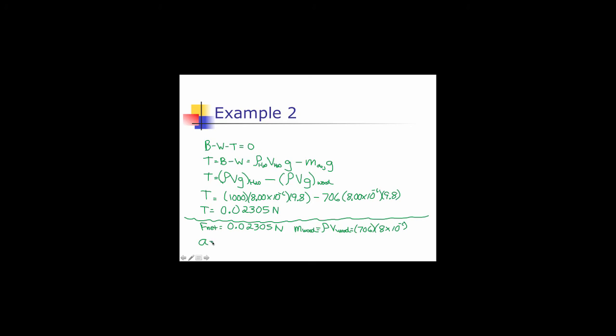And so the acceleration is simply the net force over the mass, net force being 0.02305 newtons, and the mass of wood. So the acceleration ends up being 4.08 meters per second squared.